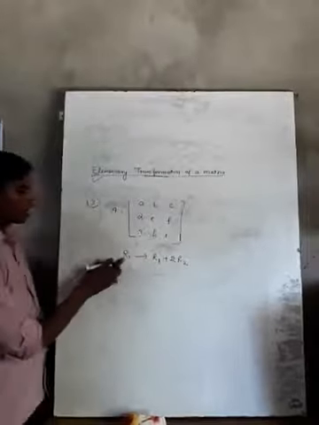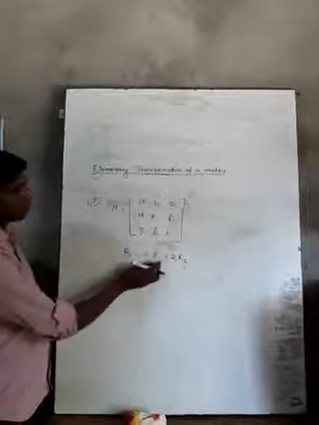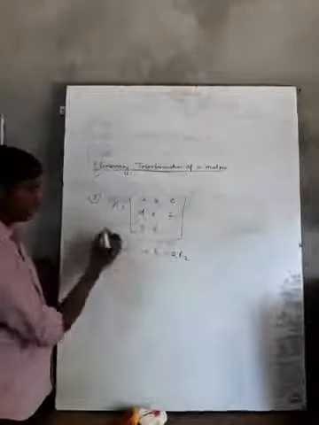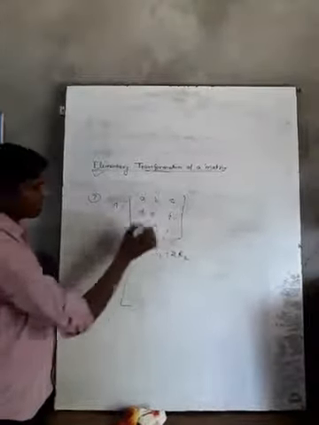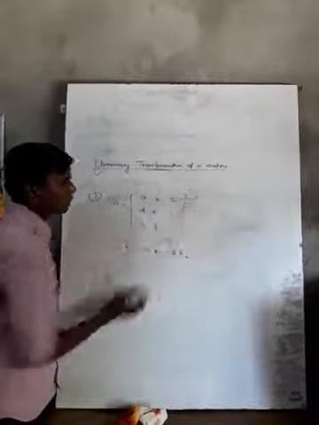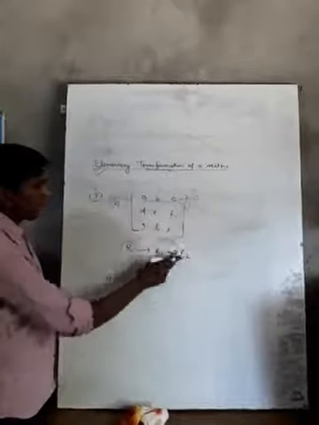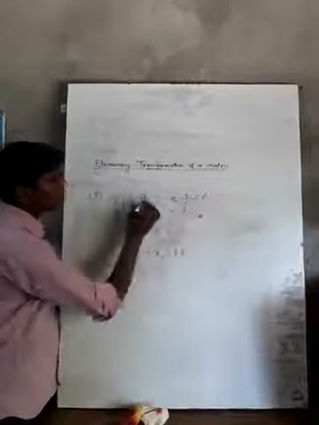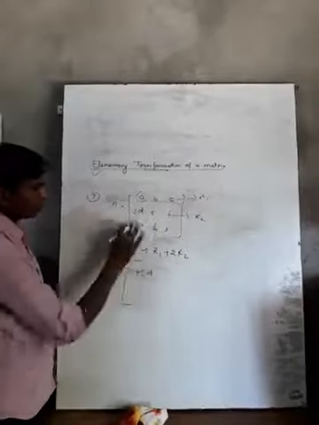If we want to write R1 equal to R1 plus 2R2, it means we add R1 and R2 multiplied by 2. So R1 will be changed. This is your R1, this is your R2. So R1 plus 2R2 gives A plus 2D.